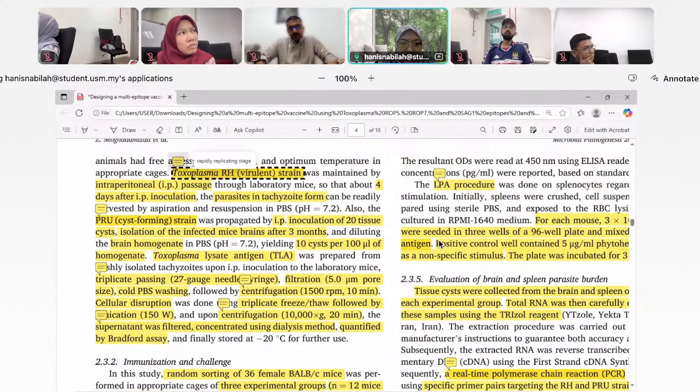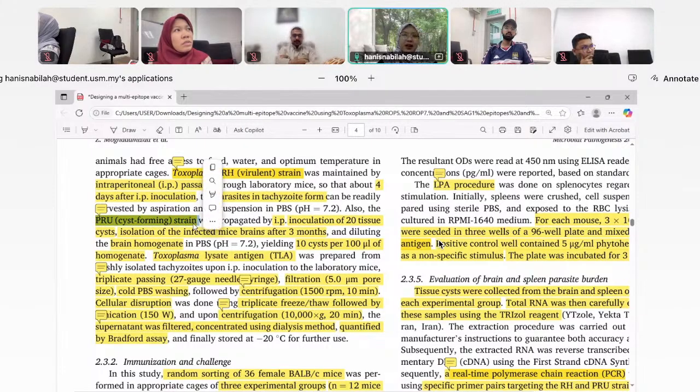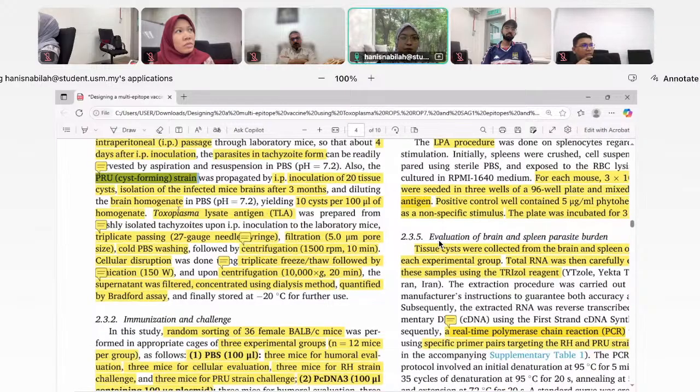The RH virulent strain is the rapidly replicating stage in tachyzoite form. And PRU is a cyst-forming strain. Is there any reason why they only use female mice?